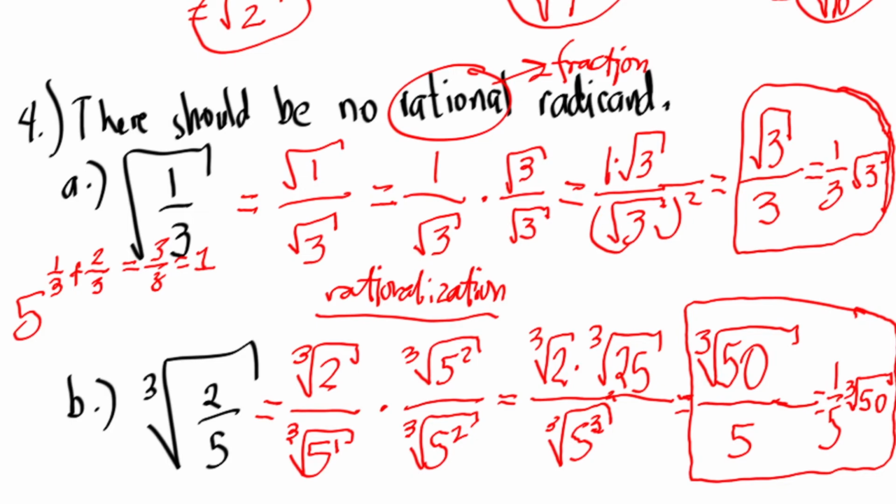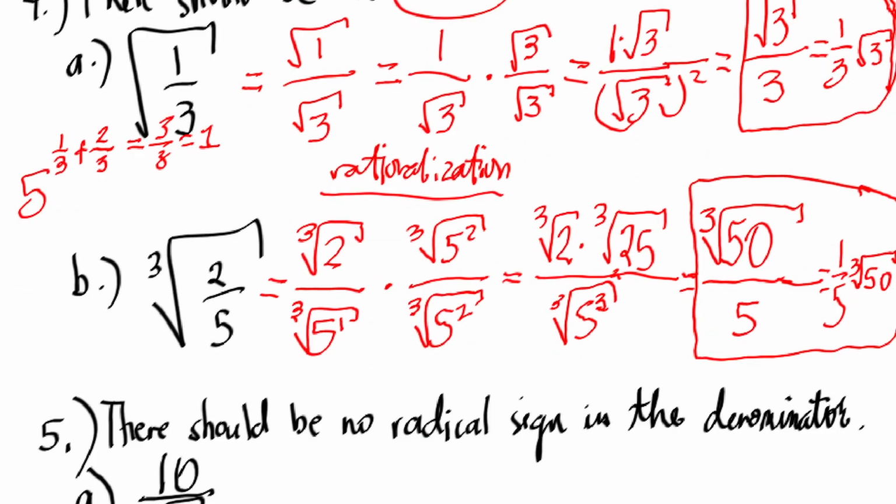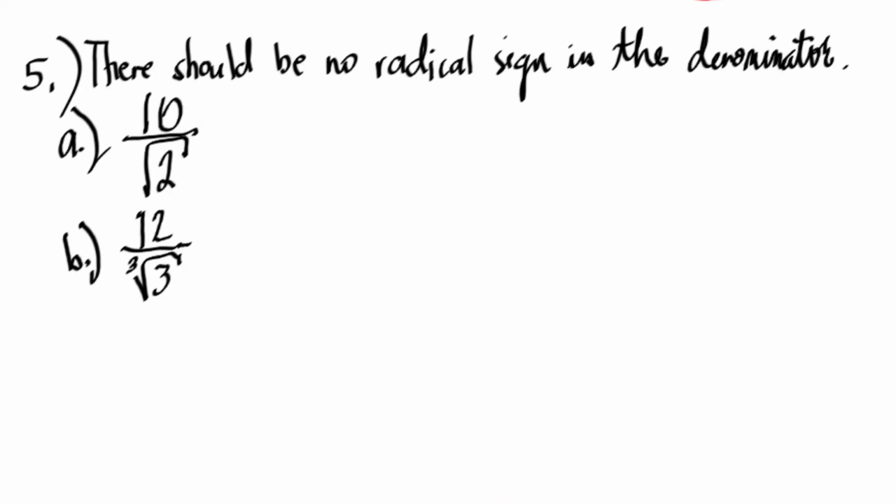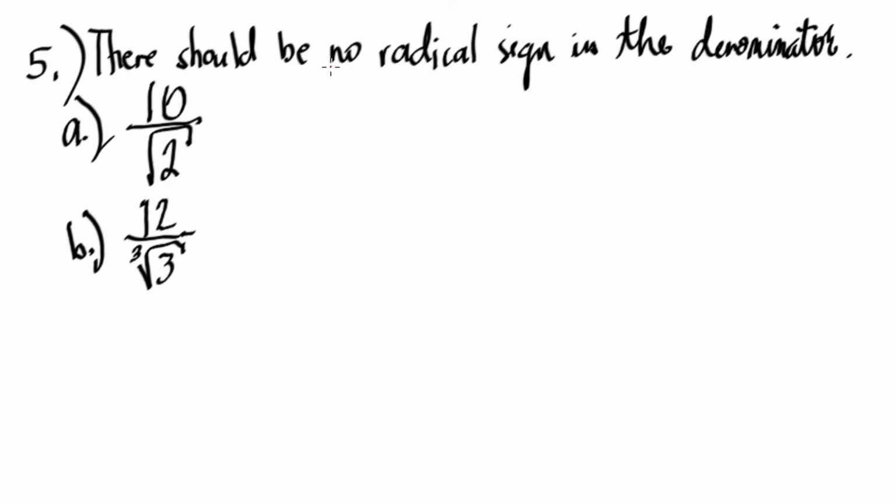Okay, and we're here in the last principle in simplifying radicals. For the last principle, we say that there should be no radical sign in the denominator. So notice here in our first example, we have 10 all over square root of 2. Very clear that there's a radical sign over here.